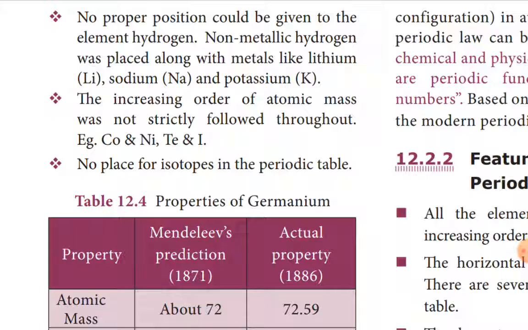So hydrogen is always placed in the first position in the periodic table, because its atomic number is 1 and its atomic mass is also 1. But that place does not actually suit hydrogen, because hydrogen is a non-metal. This non-metal is placed along with the metals like lithium, sodium, potassium.